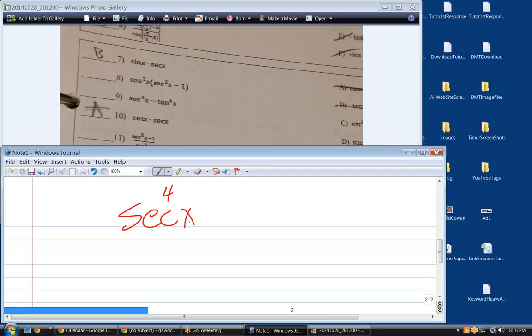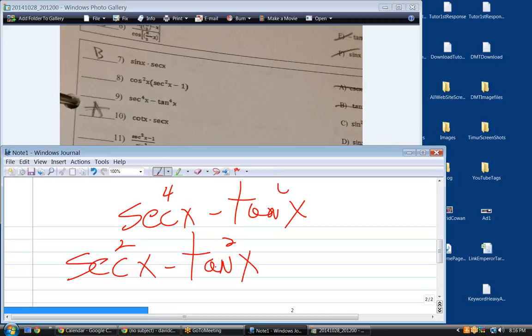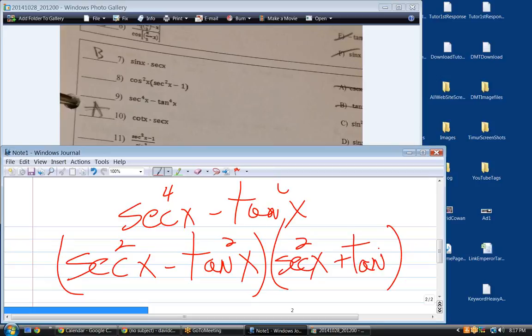Secant squared x minus tangent squared x, times secant squared x plus tangent squared x. Yeah, it's a difference of perfect squares. We don't usually think of it as a difference of perfect squares, but it is.